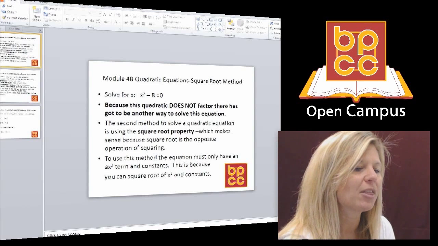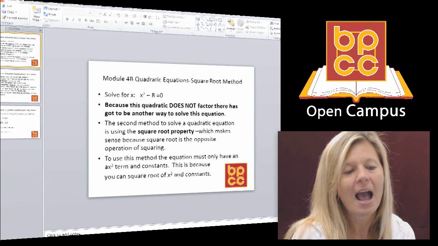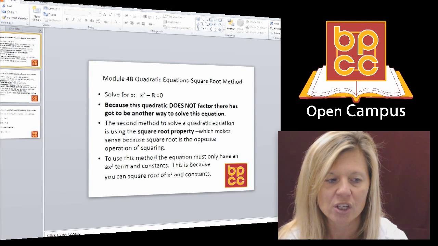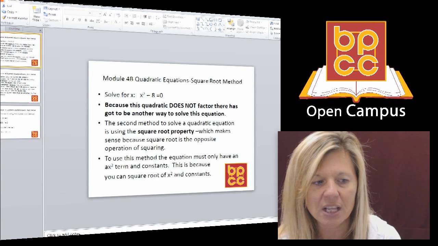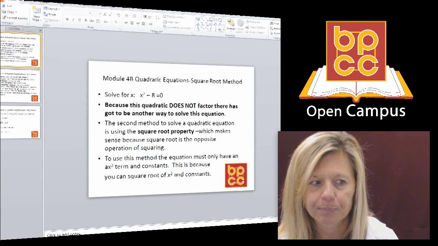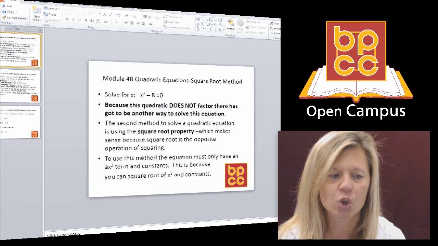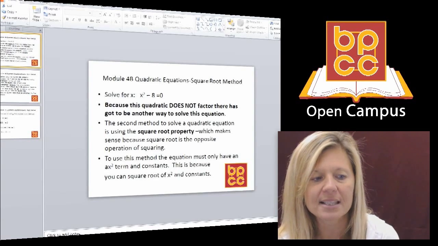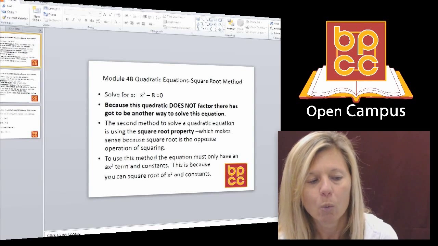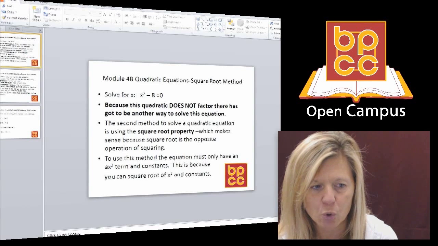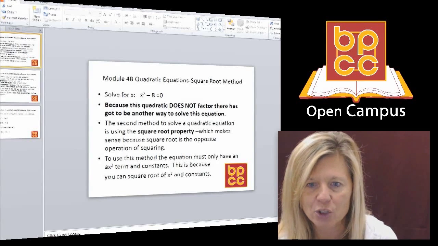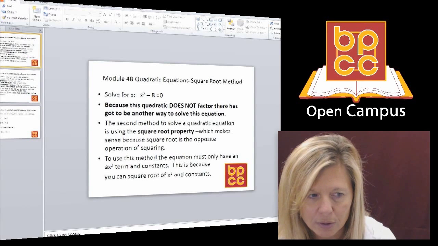So the second method we're going to use to learn how to solve a quadratic equation is an operation that you've already learned in algebra. As you all know, squaring means to multiply something times itself. Well, there's an opposite operation to squaring, and if you recall, that's called a square root.